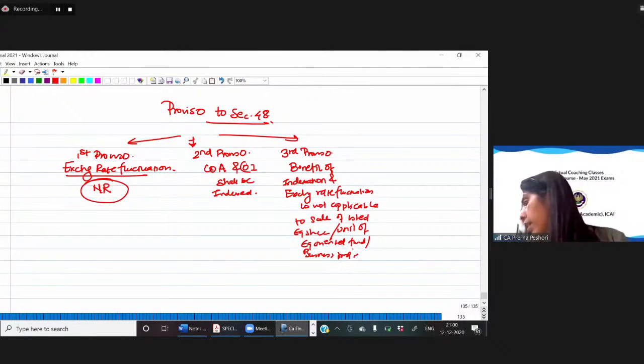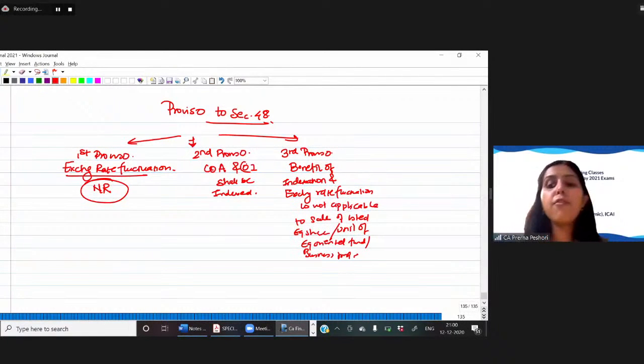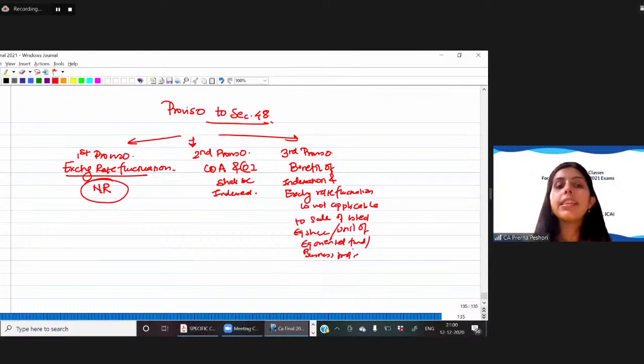So on sale of listed equity shares or unit of equity oriented fund, indexation benefit and first proviso to section 48 will not apply. Clear? That we shall deal in the next class.